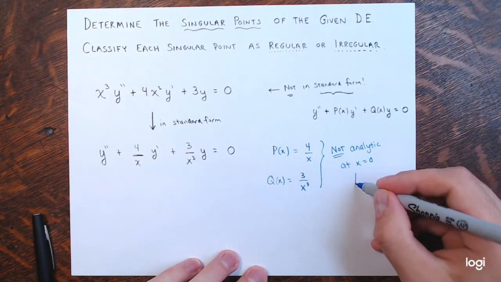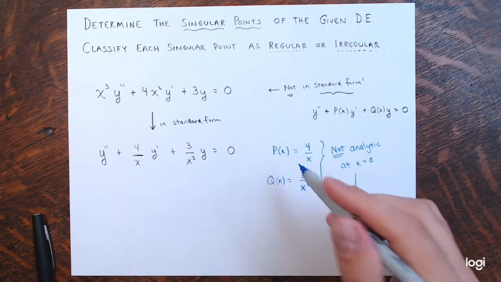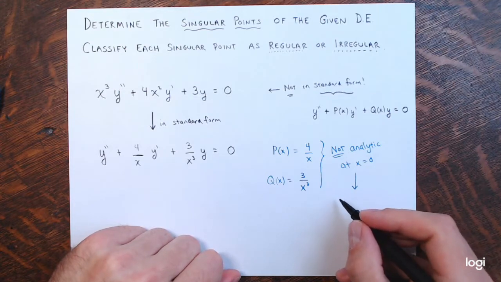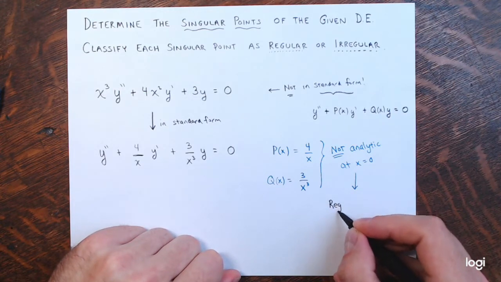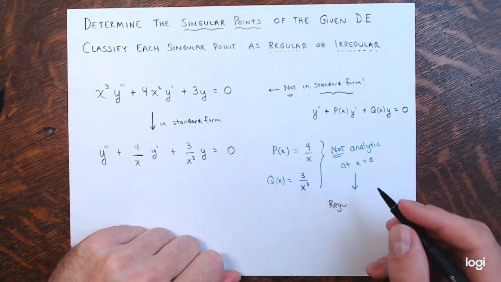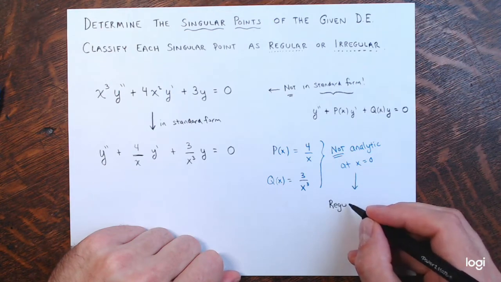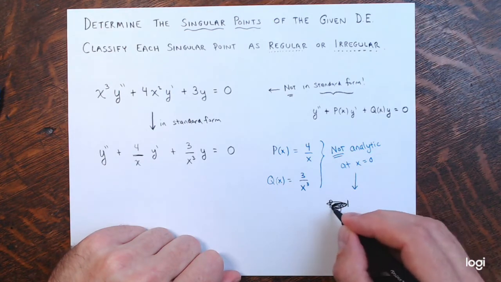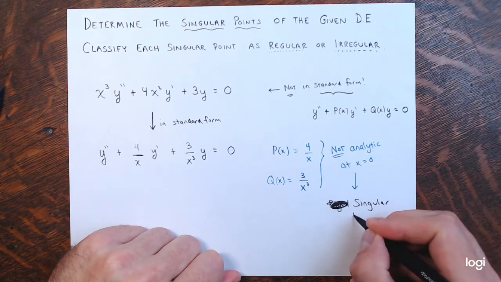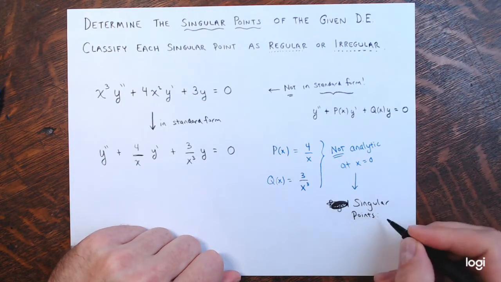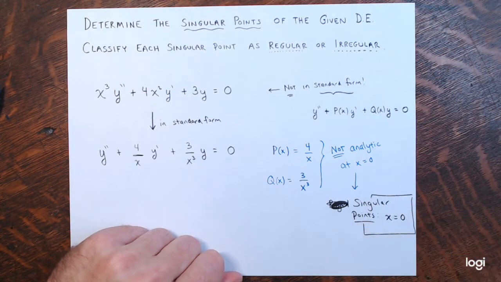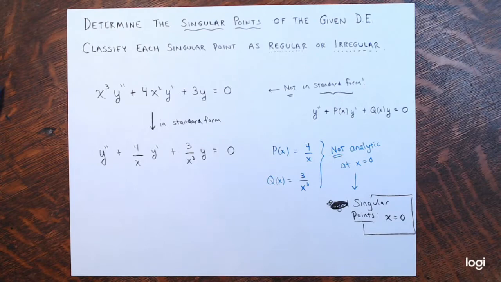And because of this, since at least one of these, p of x, q of x, is not analytic at 0, and that's the only place that these are not analytic, they'd be analytic everywhere else, the only singular points for this differential equation would just be x equals 0. Okay, so that's the first part of my instructions. Identify the singular points. So just x equals 0.